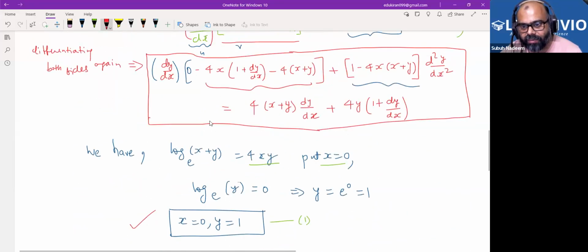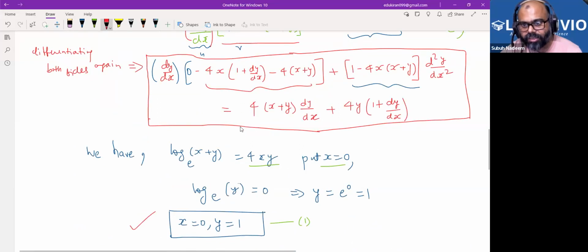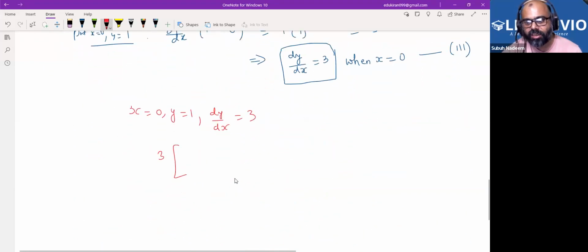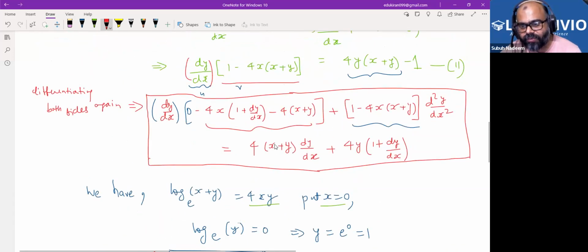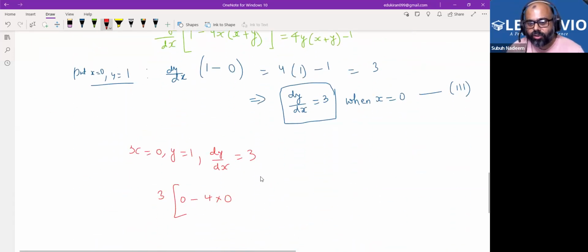And then we have 0 minus 4x into (1 plus dy by dx). So 4 into 0 it will become 0, and into whatever is 0. Minus (4x plus y), so minus (4x plus y) is 0 plus 1. This is 0 plus 1.